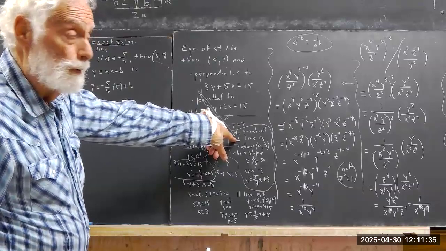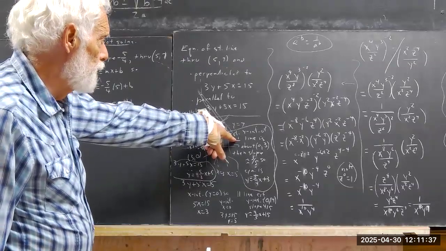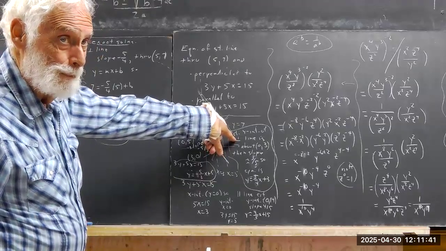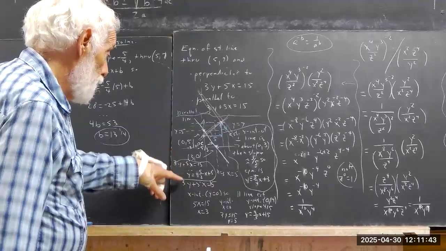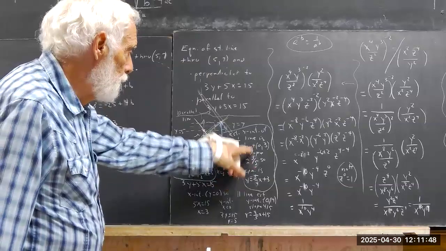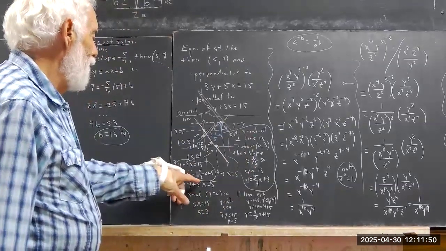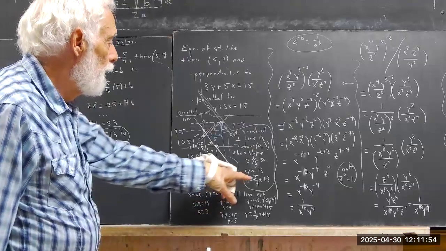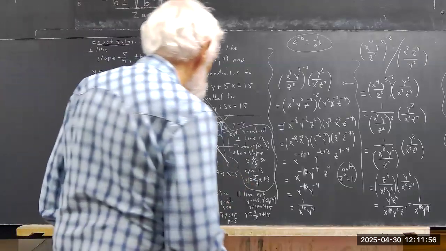I did the negative reciprocal of 5/4, which is a slope I used half an hour ago. I didn't calculate the slope of this line. So in order to see what slope to put in here, you have to find the slope of the original line, solve for y, and then use the negative reciprocal.